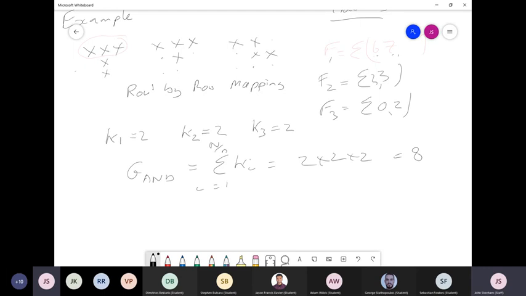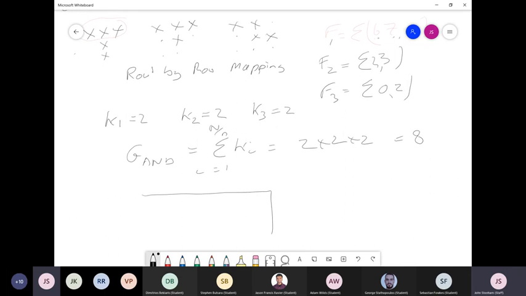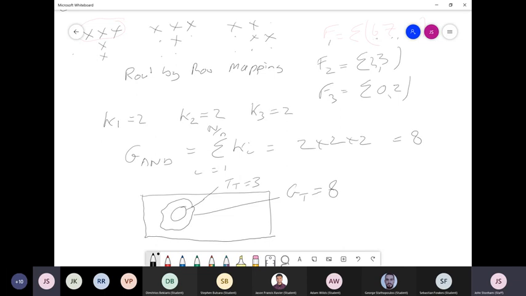So we now have a problem drawing the universe. We have got a training set T, which equals 3. We have a generalization set GT, which we now know is 8.